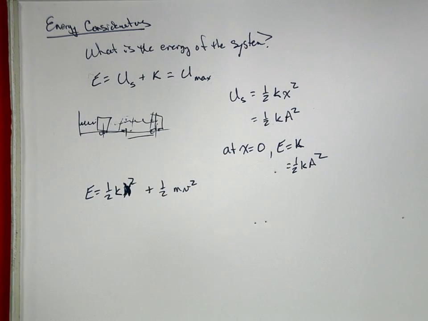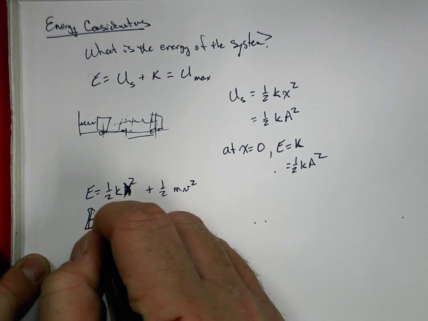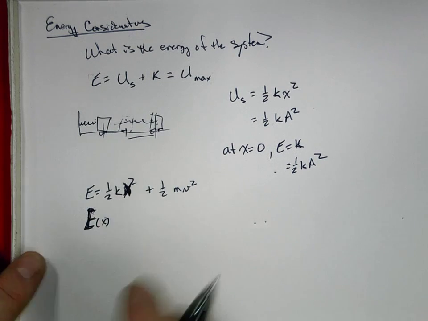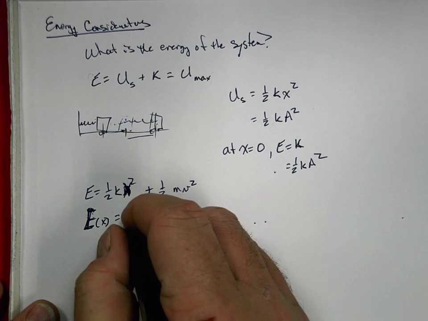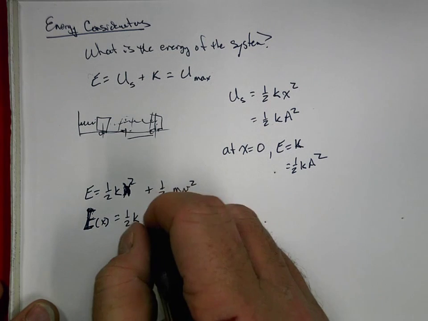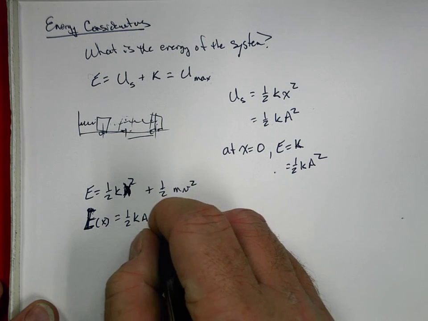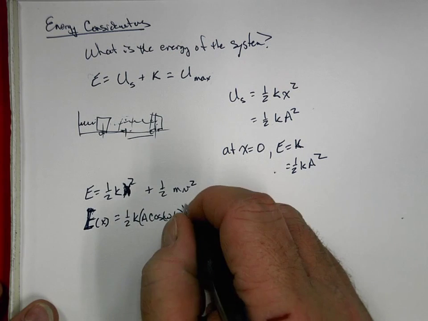Okay, so our energy as a function of our position is going to equal 1/2 k times, okay, what was our x of t? Well, our x of t is A cosine omega t, squared, right?